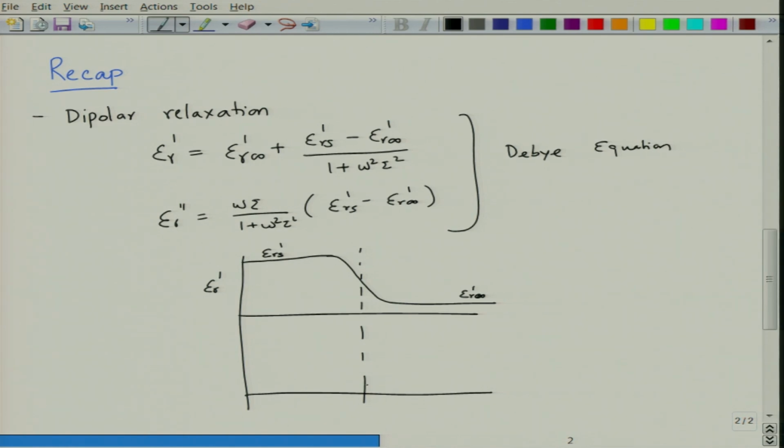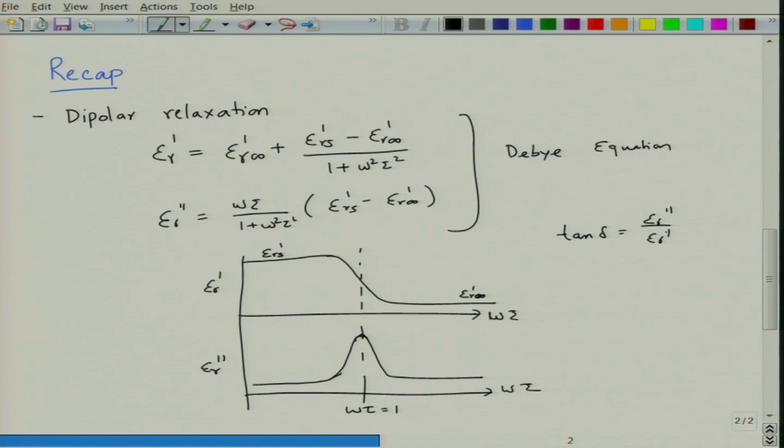It is better to plot omega tau, because you can say that this happens at omega tau equal to 1, and this is where epsilon r double prime undergoes a maxima. So, this is what the behavior is, and tan delta can be obtained from this as epsilon r double prime to epsilon r prime.